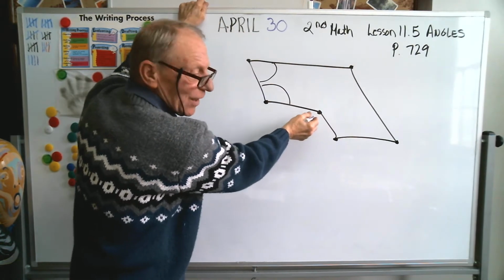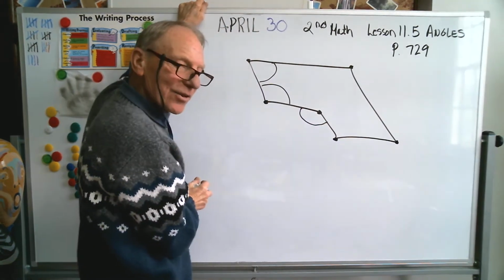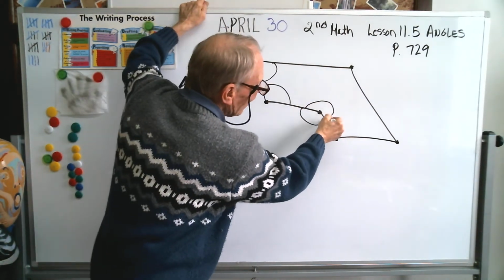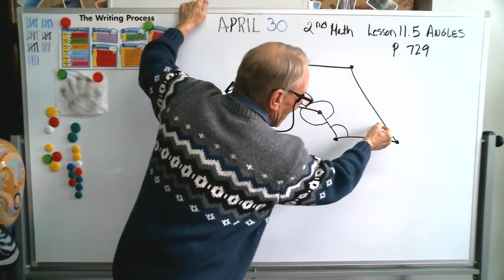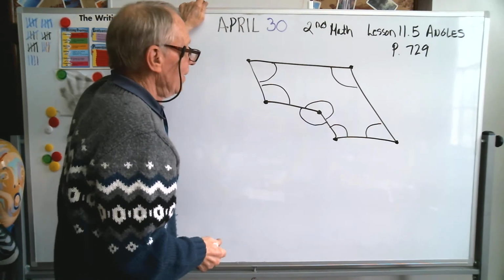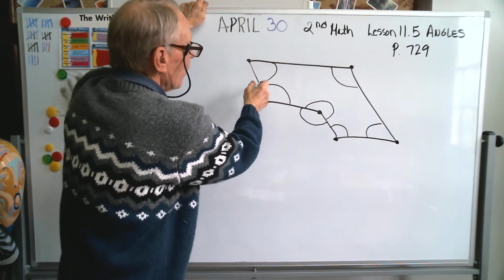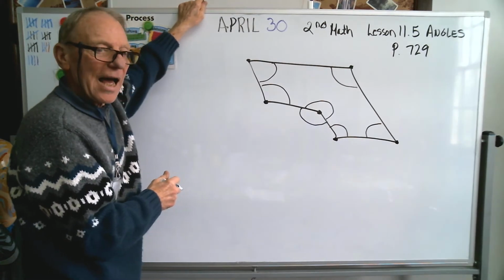Now you get a spot like this one here, you've got an angle on this side of it, and you also have an angle on that side of it. And here you have an angle, and here you have an angle, and here you have an angle. So there's 1, 2, 3, 4, 5, 6. That's a hexagon, 6 sides.